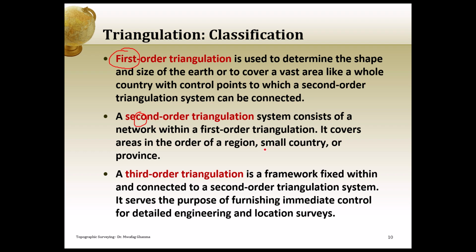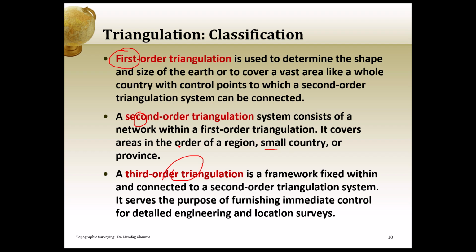And this works for a region that is a small country or a province, but still a big area, not as huge as a whole country, a big country, or a continent or the whole world. So the third order triangulation is the triangulation that we use to densify the second order.